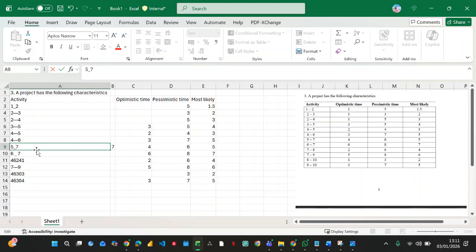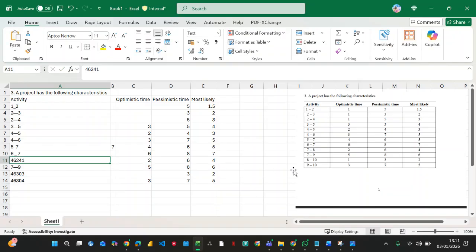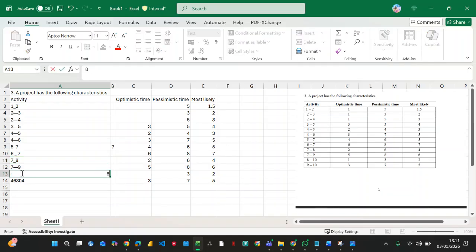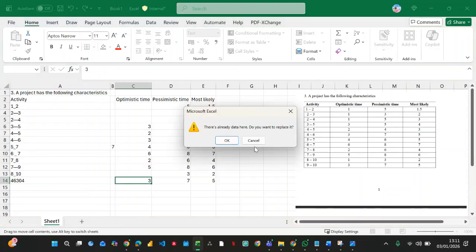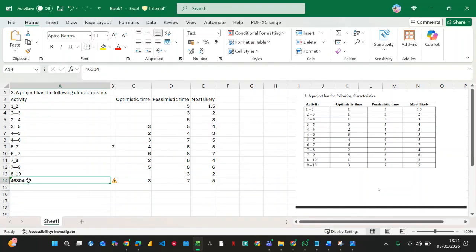So we have 5 to 7, and then we have 6 to 7, and then we have 7 to 9, and then 7 to 8, and then 8 to 10, 8 to 10, and this one is 9 to 10.